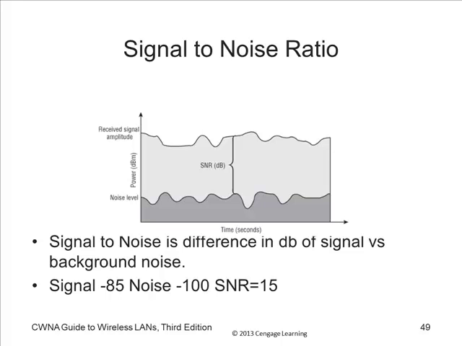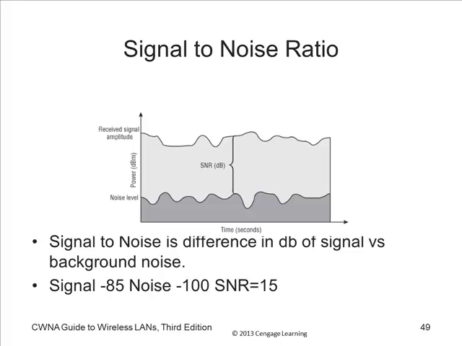Actually, that would be a minus 15, or minus 85 and a minus 100, not 85. Because when we get these things, as it degrades, what we're going to see is measured in negative terms. So minus 85 minus a minus 100 is 15, right? When you subtract a negative, you change the sign and add it. So the signal to noise in this case would be 15 dB.